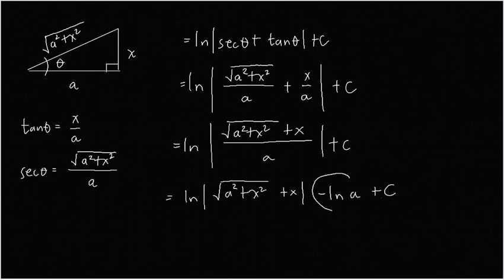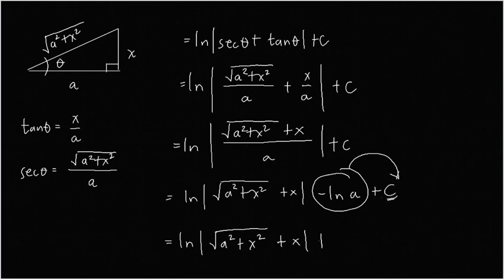And since this term is a constant, we should join it sa constant, na arbitrary constant na c. Pwede natin siyang isama diyan. So finally, this is the natural logarithm of the square root of a squared plus x squared plus x plus c.